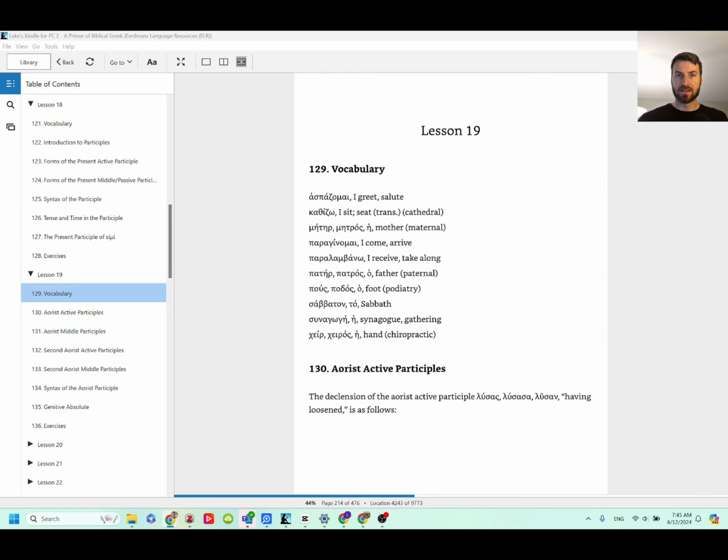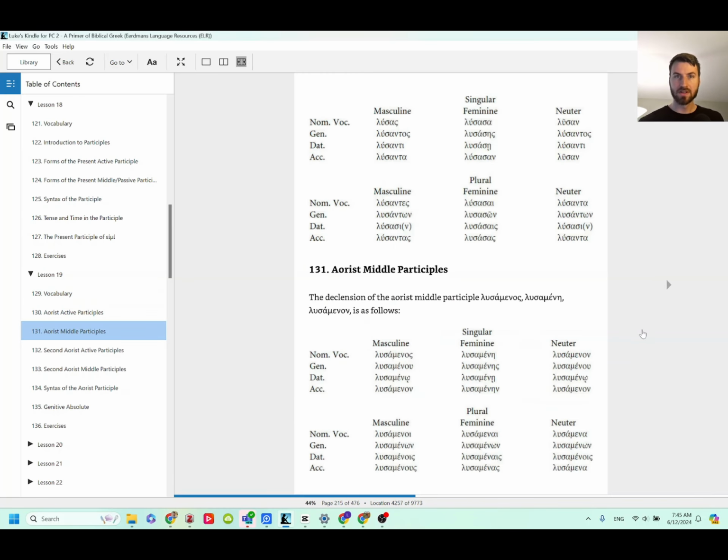So going back here, the form of aorist participles is the exact same as the present, where you see this new tau in the active, and you see the men in the middle. And even the endings are the same.